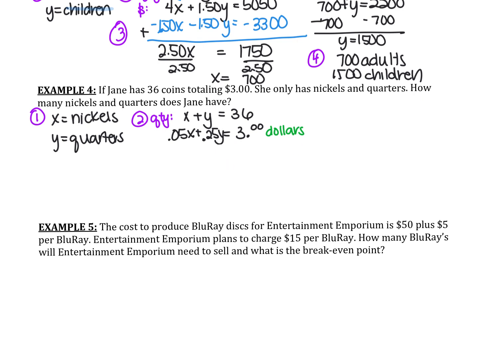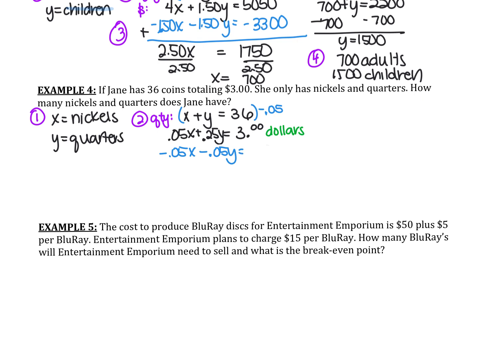So I'm going to use the dollars equation. And now I get to do elimination. This elimination looks a little bit messier, but I'm going to multiply the top equation by negative 0.05. So I would get negative 0.05x minus 0.05y.